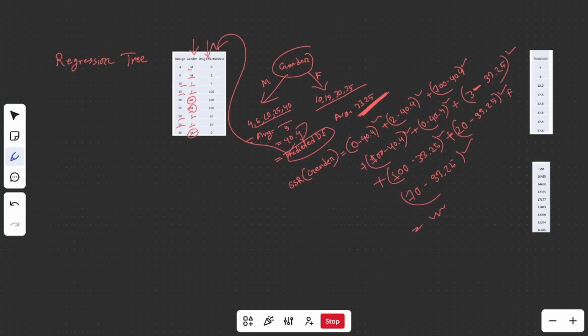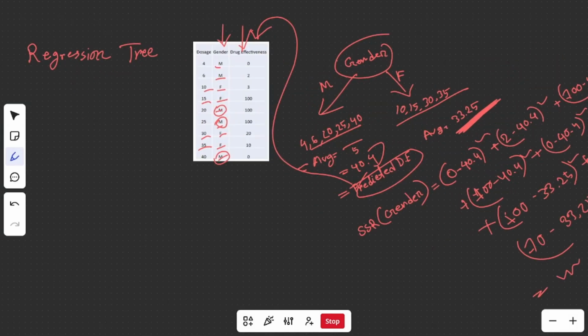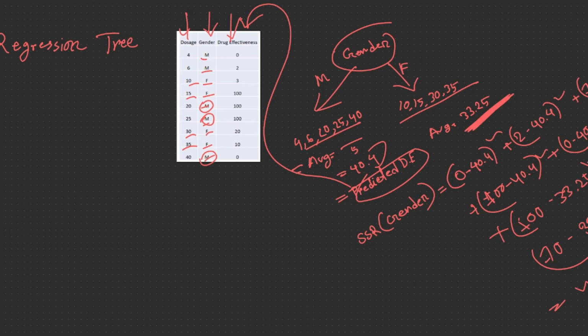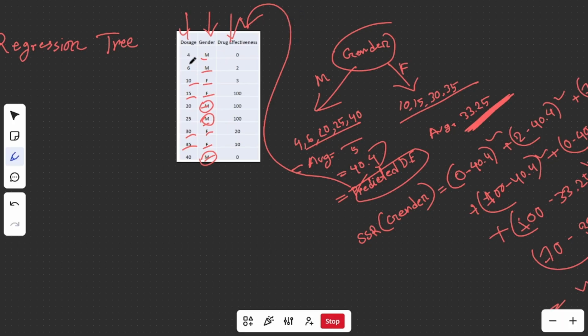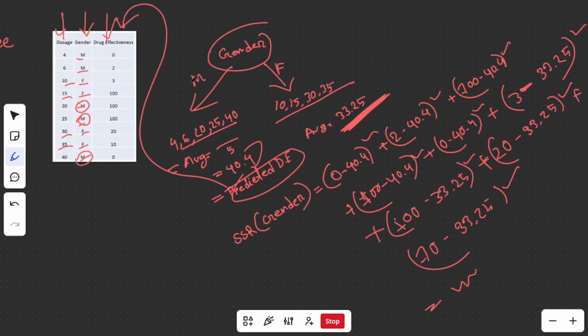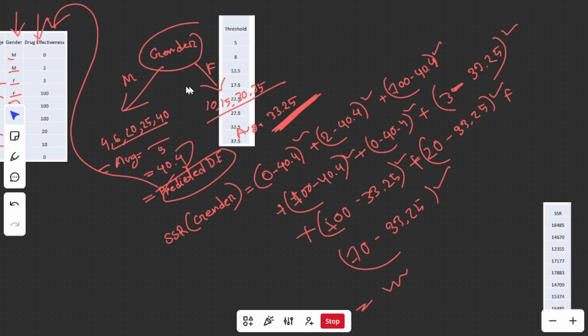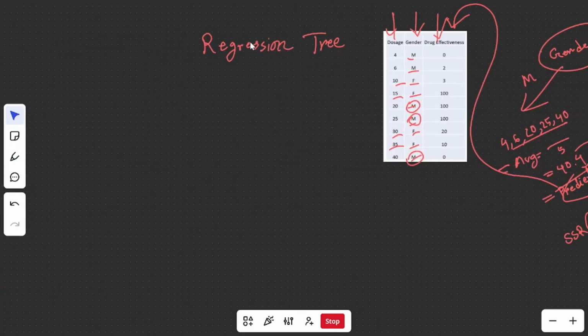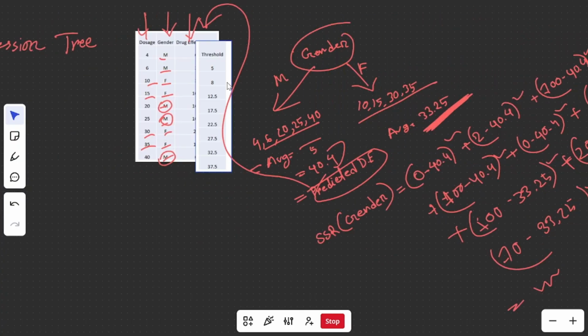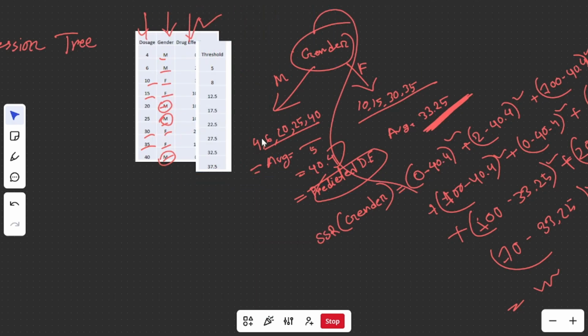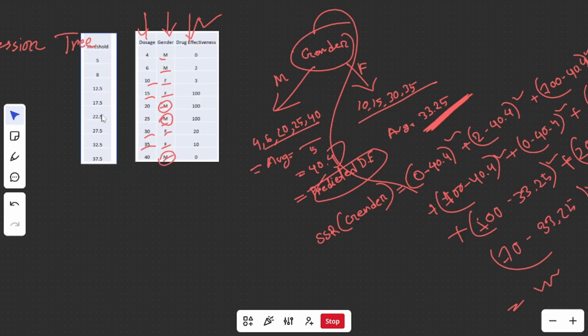Now let's see what happens if we work with doses. Here you can see the value is numeric, so we cannot divide this decision, so we have to count the consecutive average for this. Okay, let me move this so that I can minimize the time.